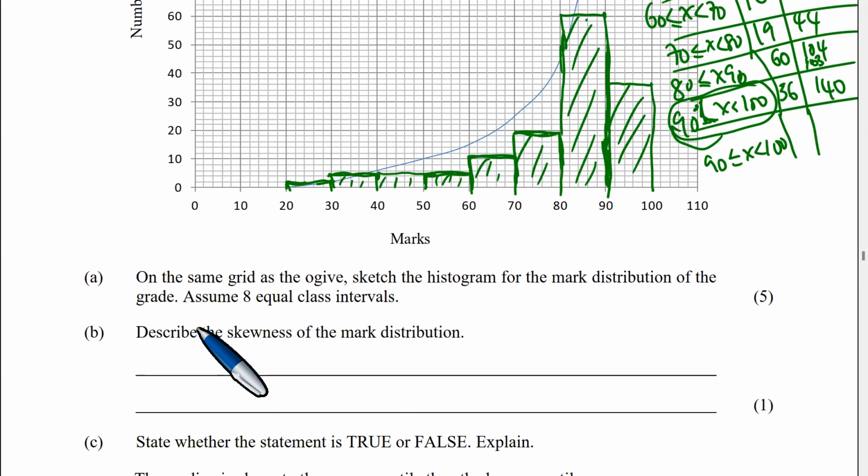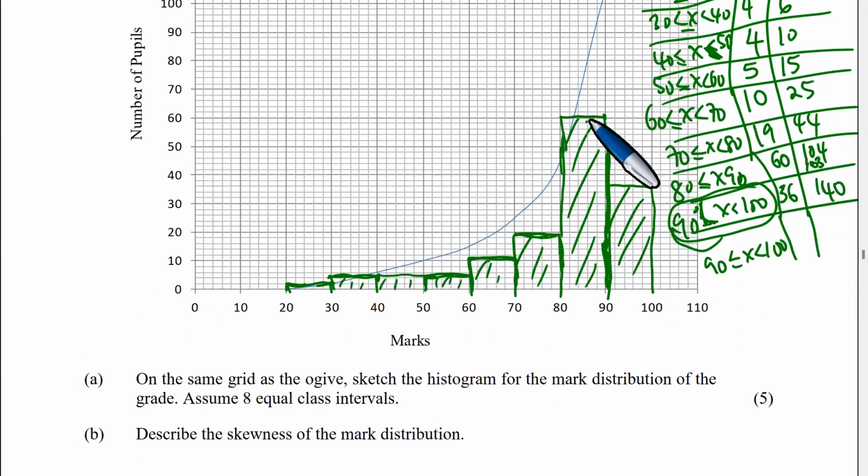Right, so in B, you would look at the skewness of the data and see that it is flatter towards the left.